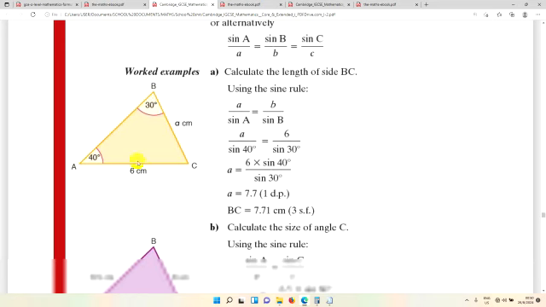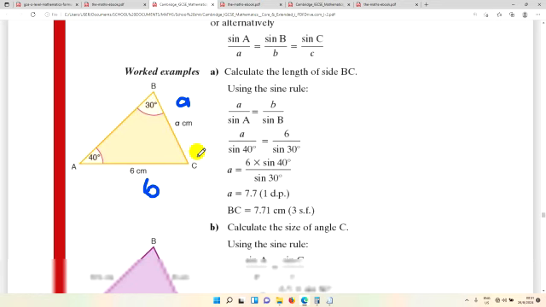Right, so the opposite side, let me do this. This one will be our small letter b, and this one our small letter a.